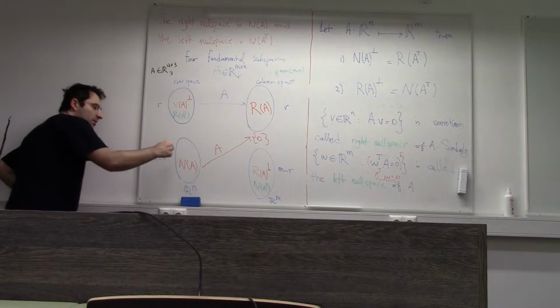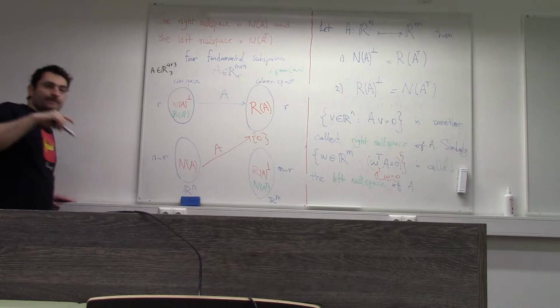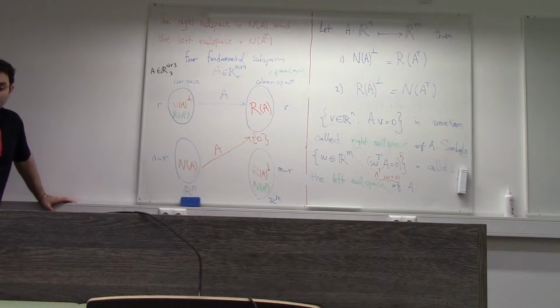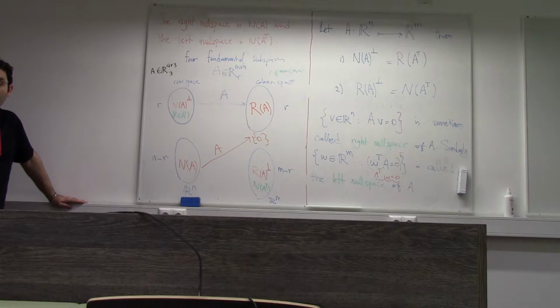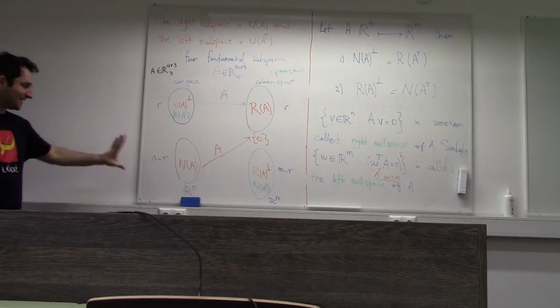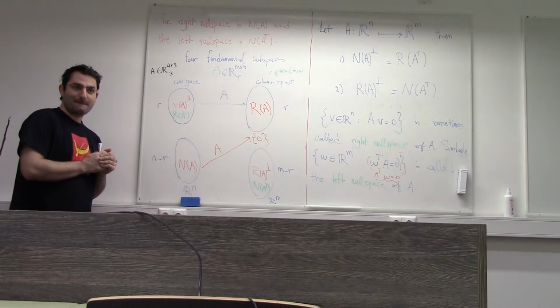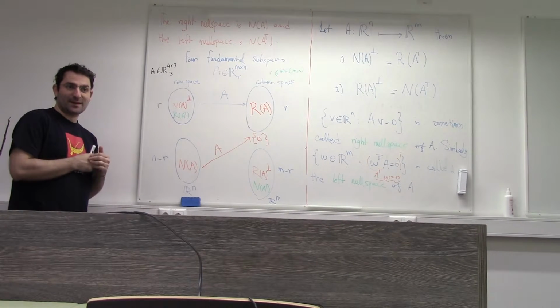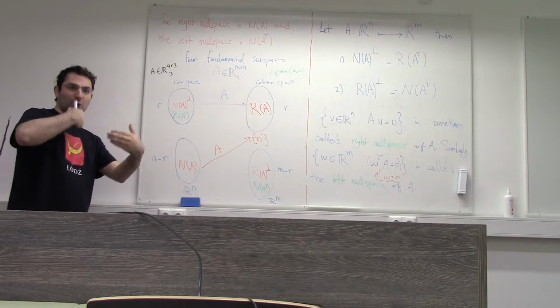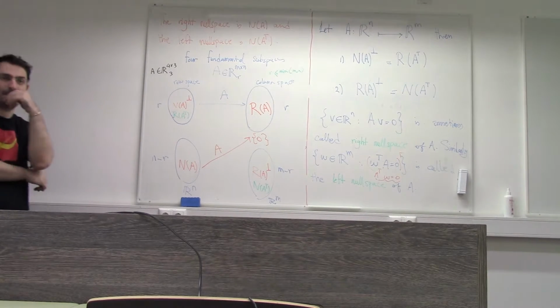How many vectors will I have in NA? And what will its dimension be? You might want to look at the last example that I solved in here for this example of spanning, to calculate the null space, to calculate the orthogonal complement.